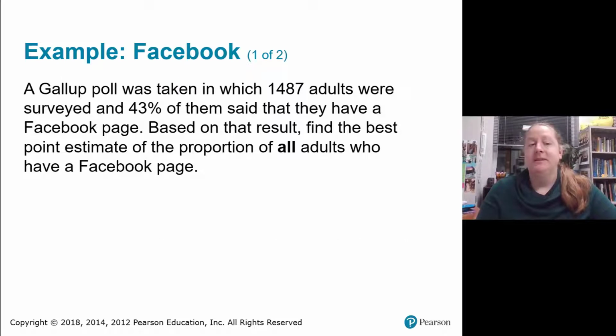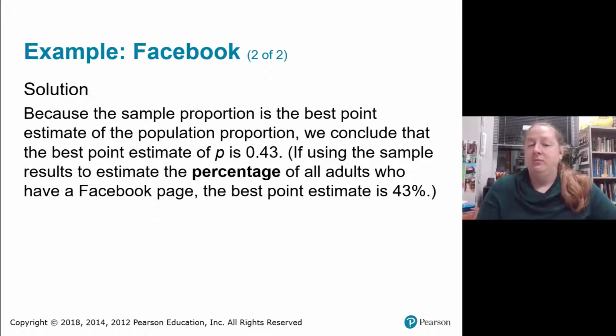So let's take a look at an example. A Gallup poll was taken in which 1,487 adults were surveyed, and 43% of them said that they had a Facebook page. Based on that result, we're supposed to find the best estimate of the proportion of all adults who have a Facebook page. Well, the sample proportion is the best point estimate of the population proportion.